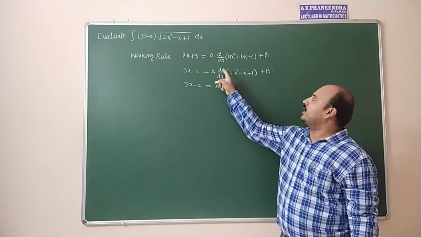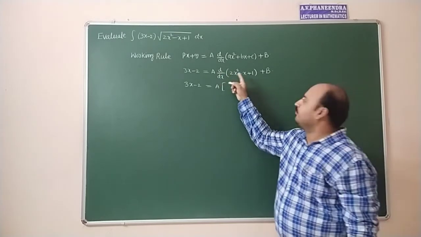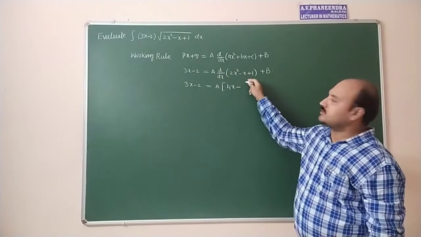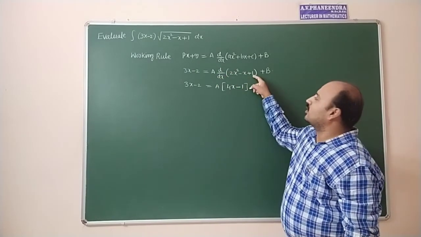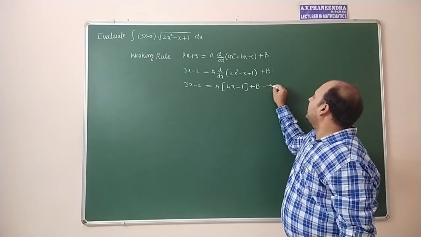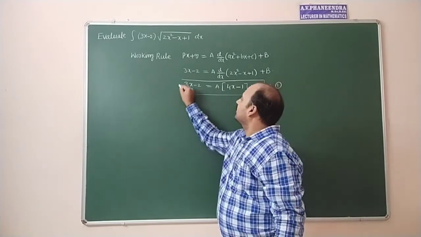The constant 2 you can take outside. d by dx of x square is 2x, 2x into 2, so 4x, minus d by dx of x is 1. d by dx of constant is 0, no need to write. Plus capital B. Put that as equation number 1. You put it in a box.